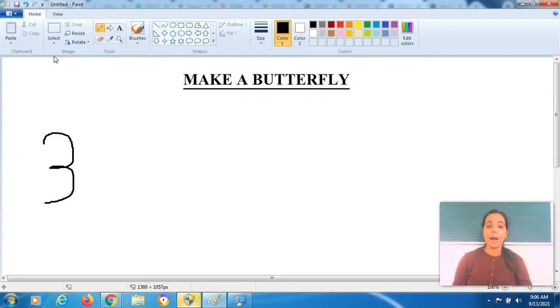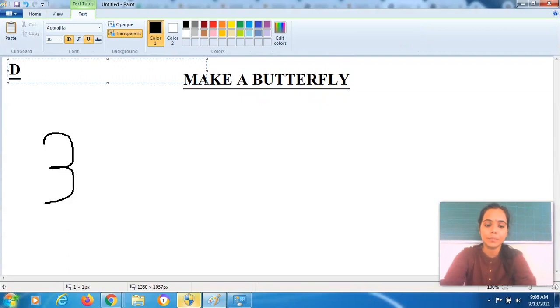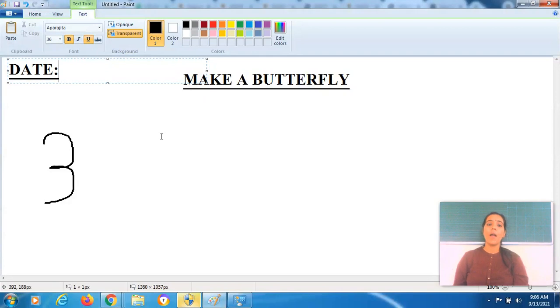Okay? But before that, when you are opening your drawing files, you have to mention the date on top. Okay? Here you have to mention your date first, and then you have to give a caption, make a butterfly in the middle of your new sheet, and then you have to create a butterfly with the help of number 3.